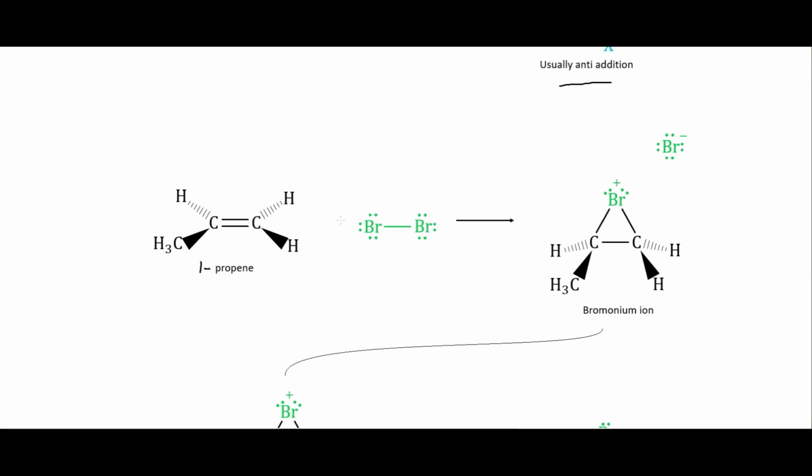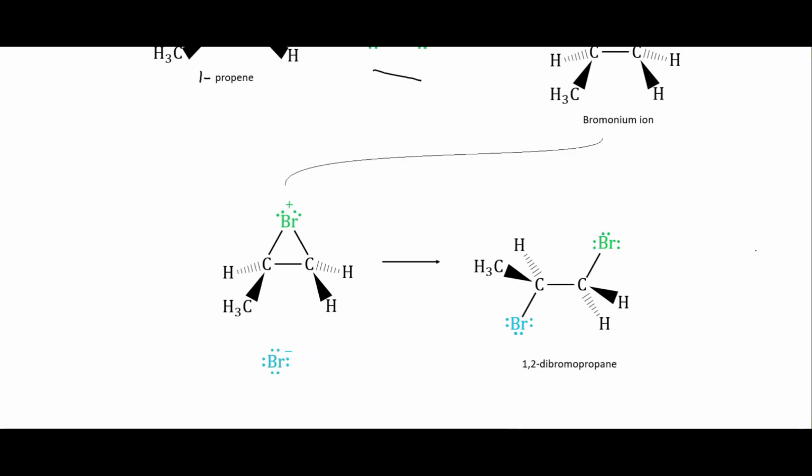We have our alkene, and then we have our halogen right here. The electrons from this come out and grab onto this right here. This is going to go over there, and then this one is going to bond onto that carbon right there. So we end up with this bromonium ion right here.